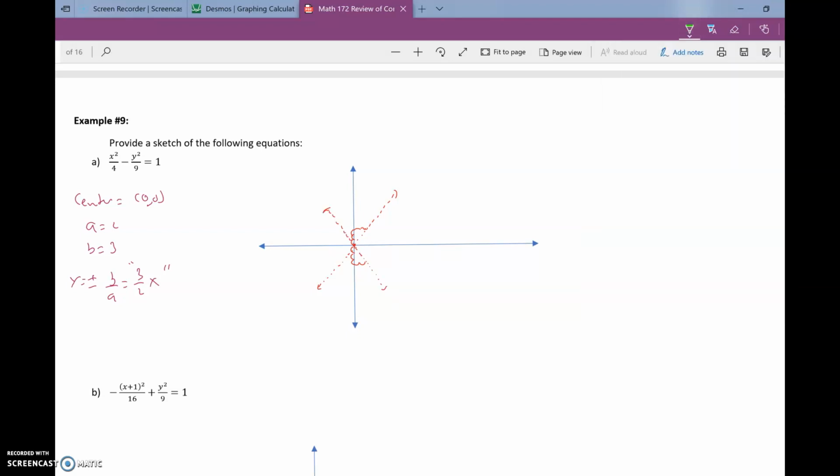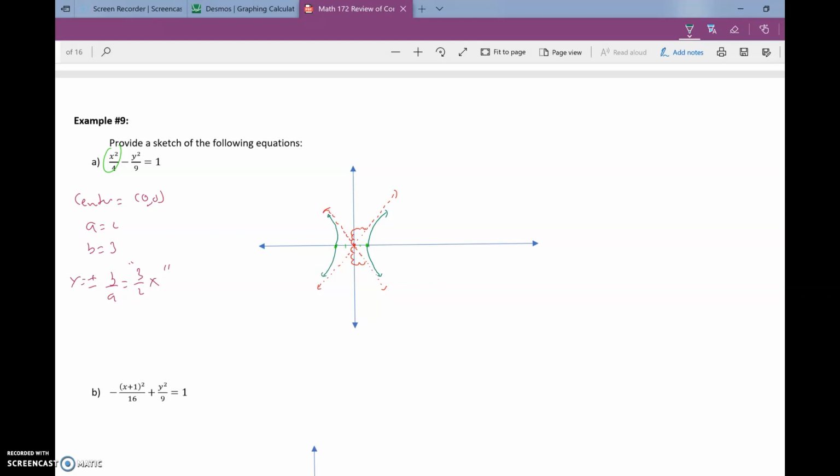Okay, the last portion, the x's are positive, so this one's going to go along the axis, a total of 2 units for the vertices. So 1 and 2, and then 1 and 2. These are parts of the actual hyperbola. So our hyperbola, it's basically going to look something along these lines.